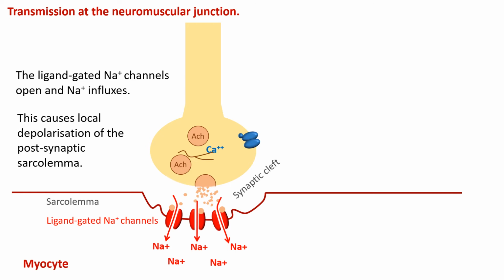This, of course, is going to cause local depolarization of the postsynaptic sarcolemma. So at the neuromuscular junction, we've now got depolarization within the myocyte at that specific point.